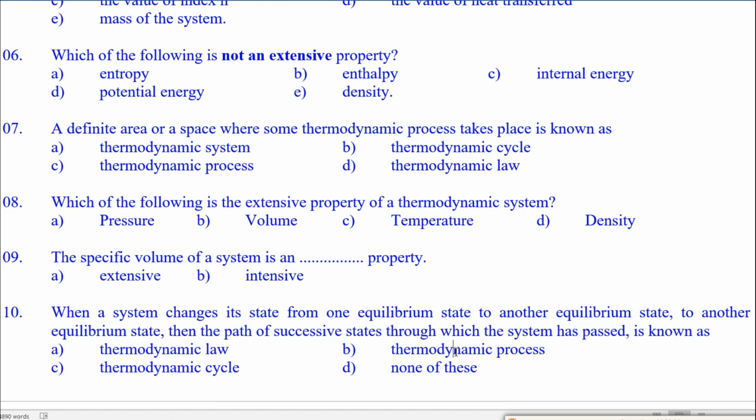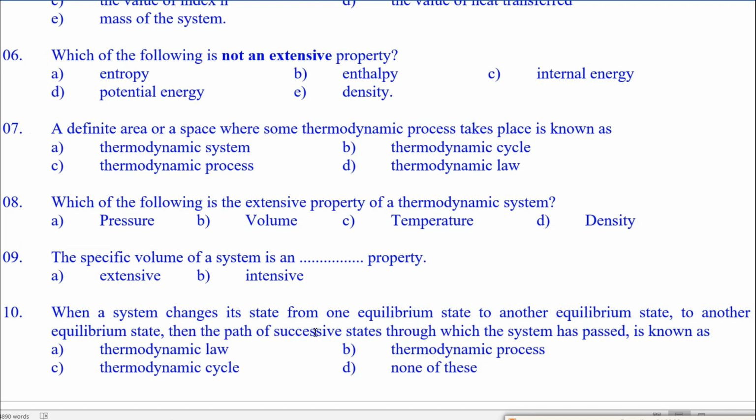It will be thermodynamic process, because the state of the system is changing from one equilibrium state to another equilibrium state. So this is the process.